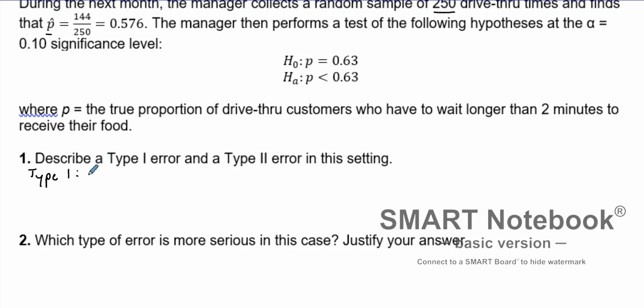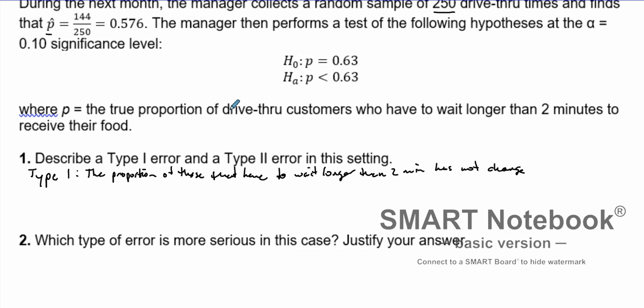Essentially we're saying the proportion of drive-through customers that have to wait longer than 2 minutes has not changed. So basically the null is true.